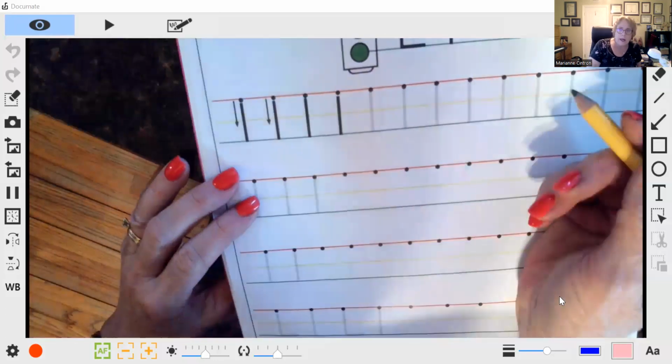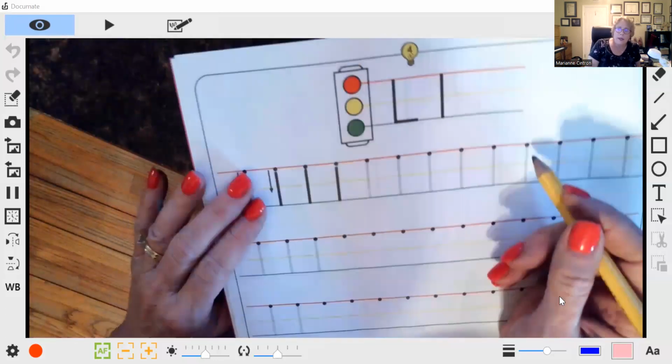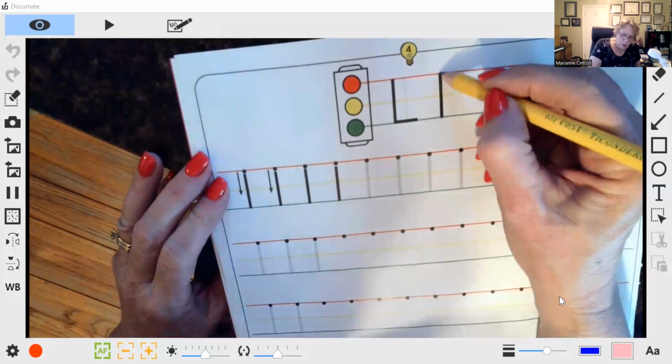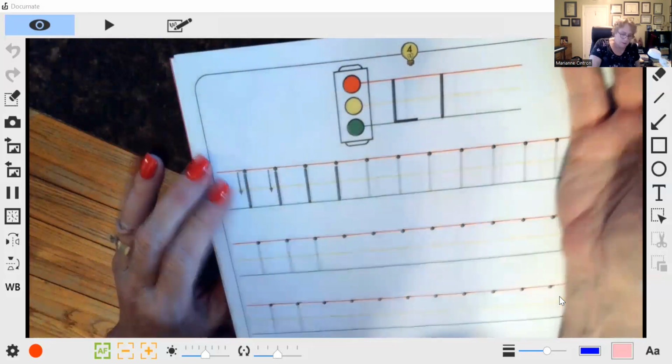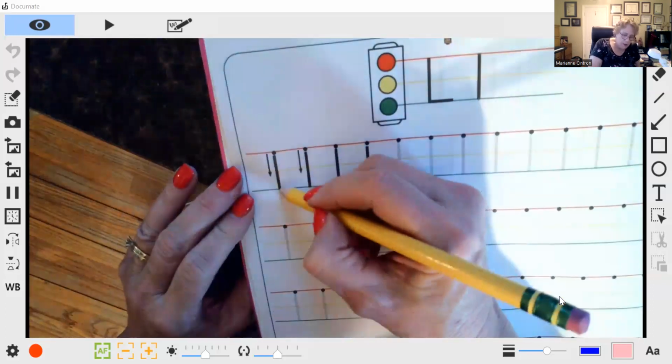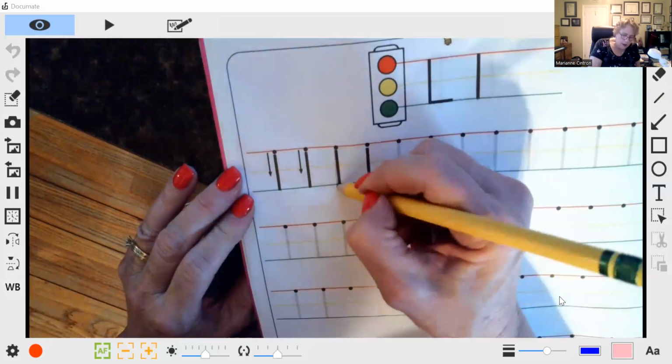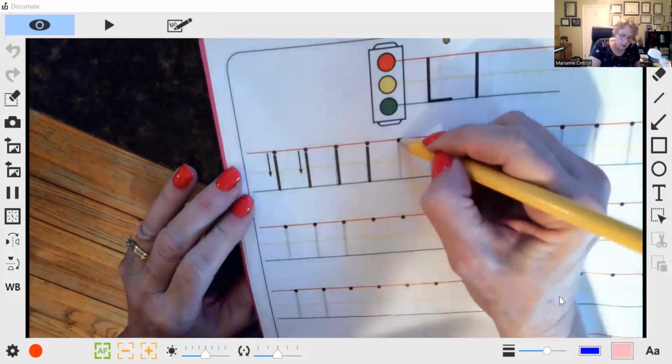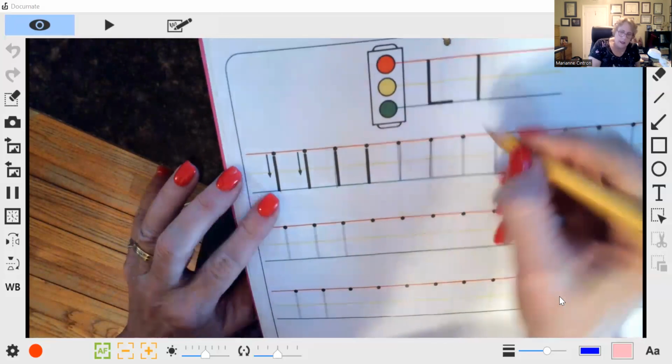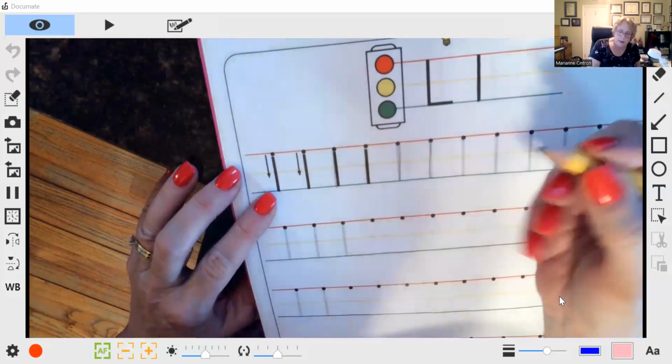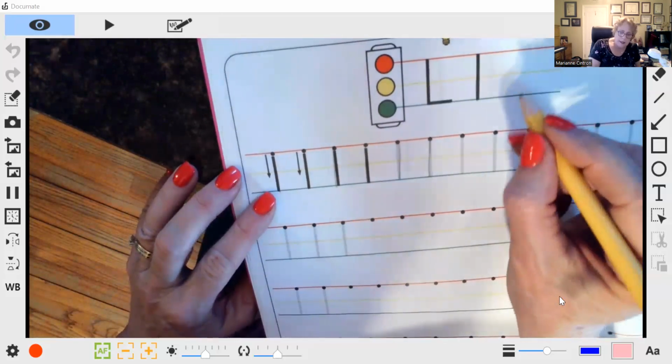Their hands get really tired. For the lowercase l, it's from the red to the green. Just one straight line. What we're looking for is pencil grip. See how my thumb is here.